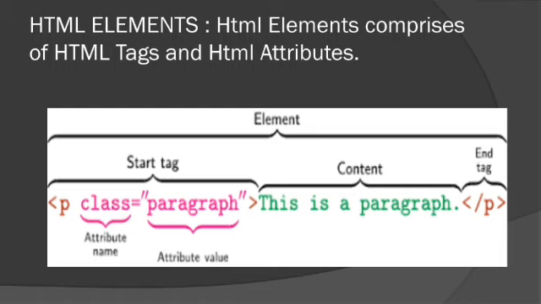In the start tag, we have the tag name, then the attribute name, and the attribute value. As a whole, the start tag, the content, and the end tag can be called the element.